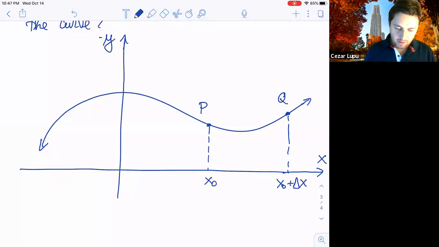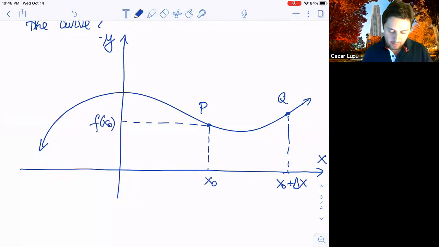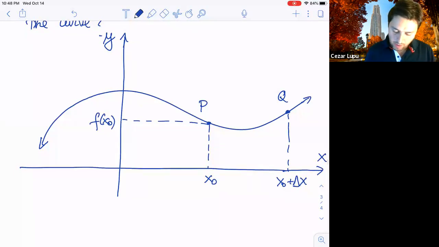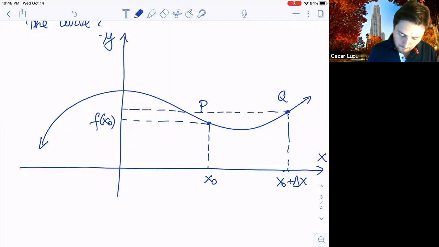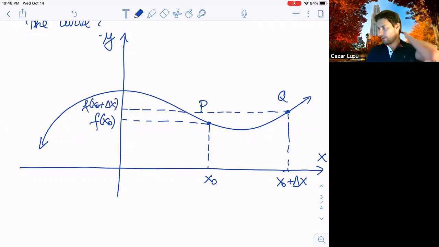And here we will have f of x naught, and here we will have, let's just say, f of x naught plus delta x.